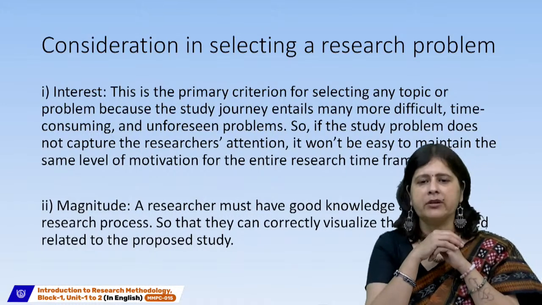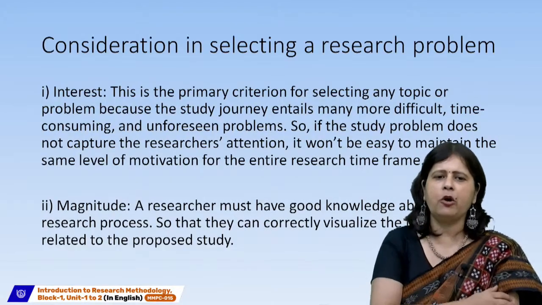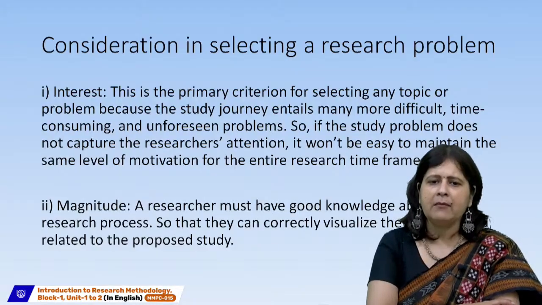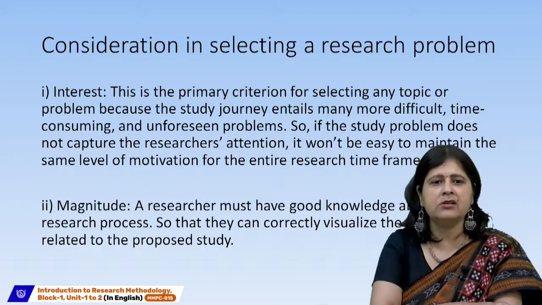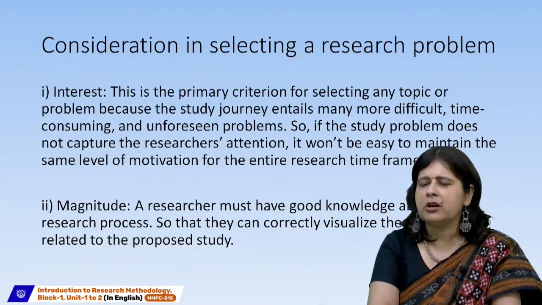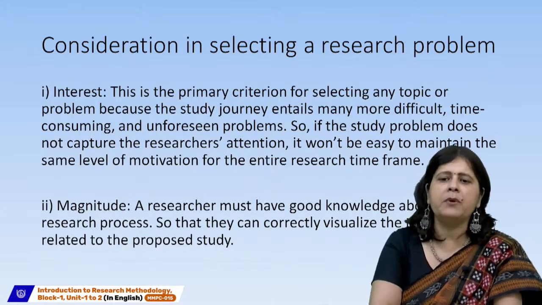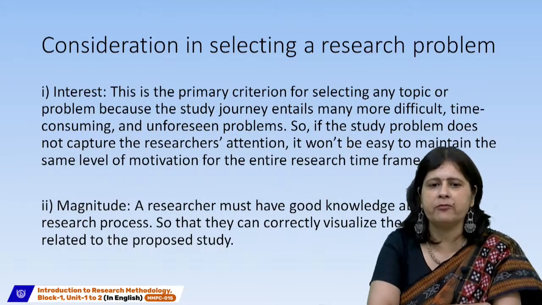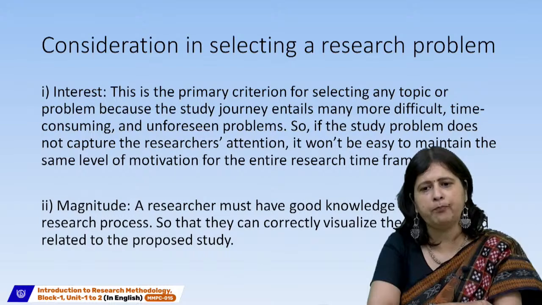Interest: the primary criterion for selecting a topic or problem, because the study journey entails many difficulties, is time consuming, and has unforeseen problems. If the problem does not capture the researcher's attention, it won't be easy to maintain the same level of motivation and interest for the entire research time frame.